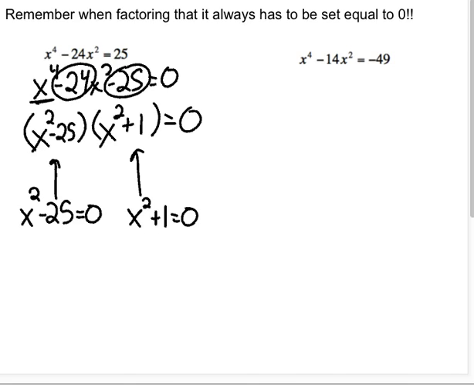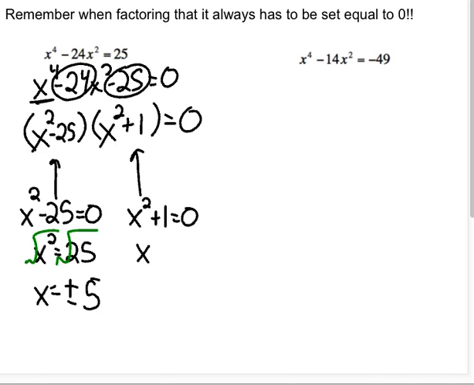These are always going to be able to be solved by square rooting, but the key is remembering when you square root them, you need to remember the plus and minus and if it's going to be an imaginary number or not. Here, I'm square rooting a positive number, so I legitimately just get plus or minus 5.